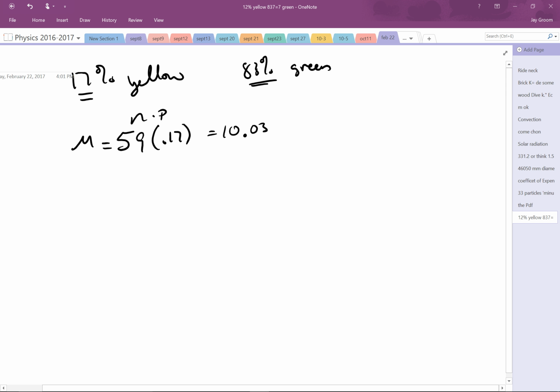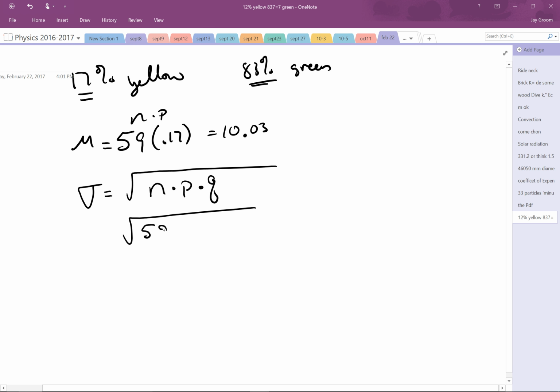Now, what is the standard deviation of yellow eggs? Remember, standard deviation for a binomial is the square root of n times p times q. So our n is 59, our p is 17%, and our q is 83%.